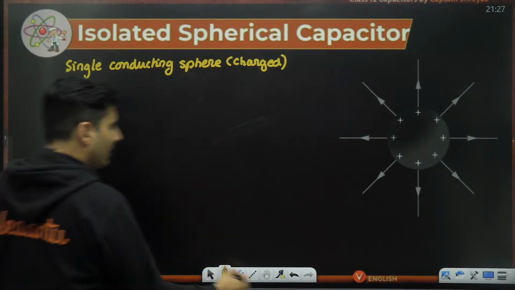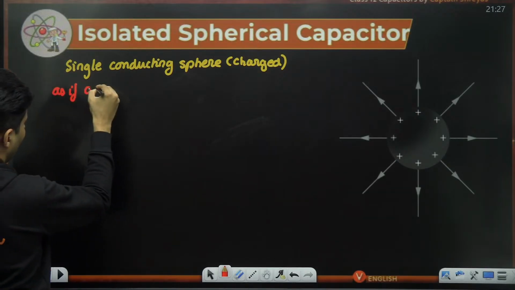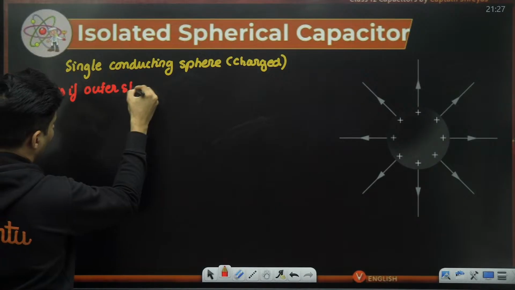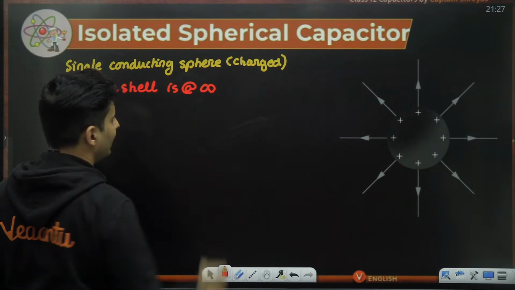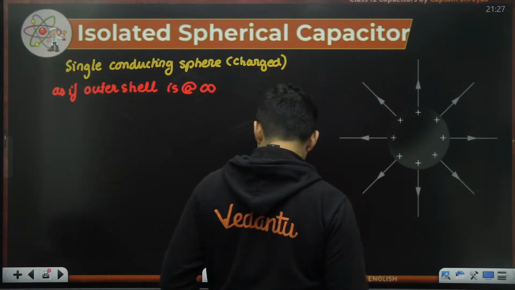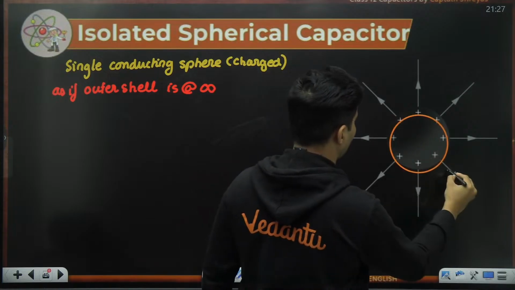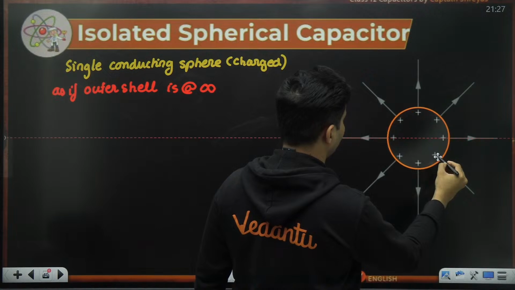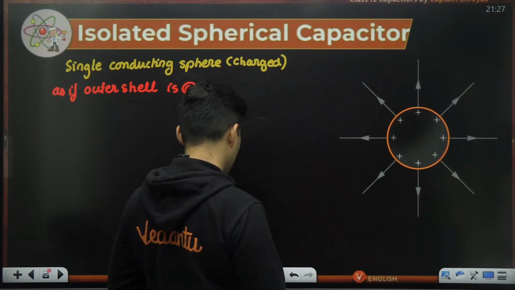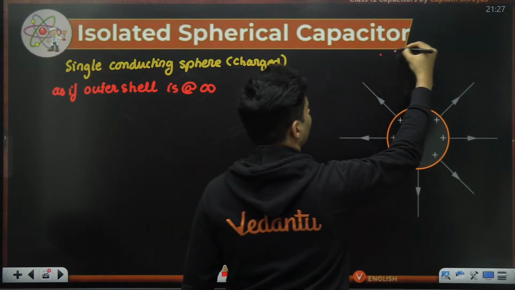Well, you can think as if the outer shell is at infinity, because the electric field lines which come out from this kind of a shell, I hope you were able to see this, the electric field lines which come from this particular shell, they are eventually reaching infinity.